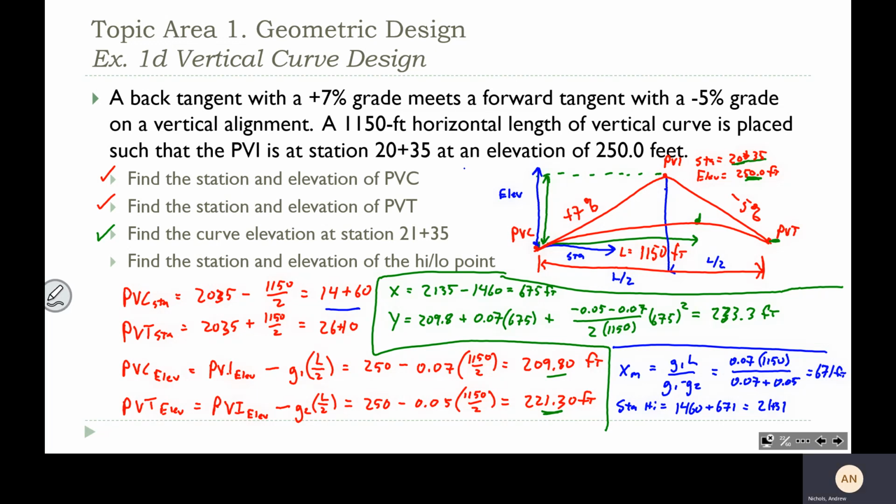And I'm not going to walk through the calculation, but the last piece is what's the elevation of that point. So we know how far it is from X. We know what its station is. How would we find the elevation? What equation would we use?